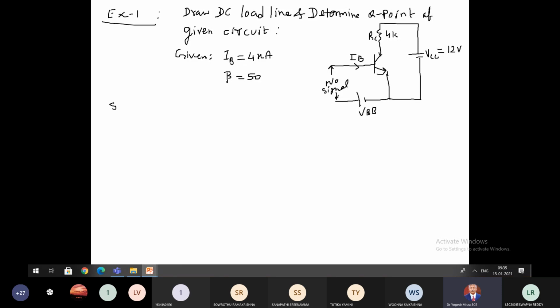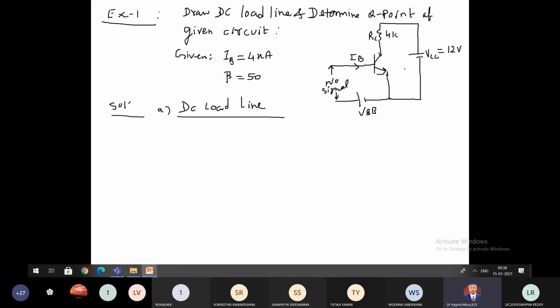Now we have to draw the DC load line of this. Right?